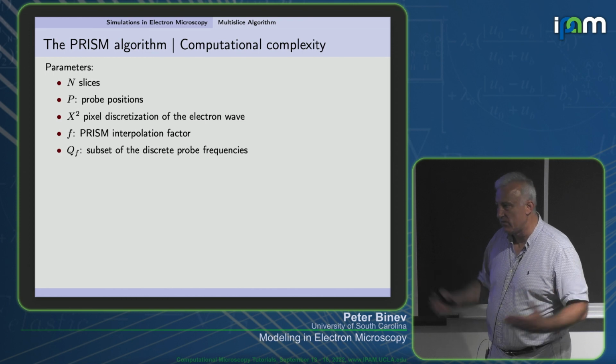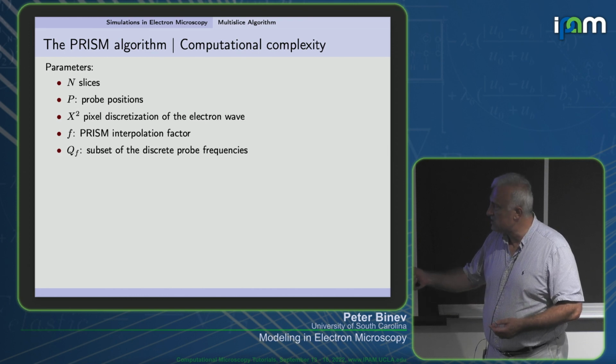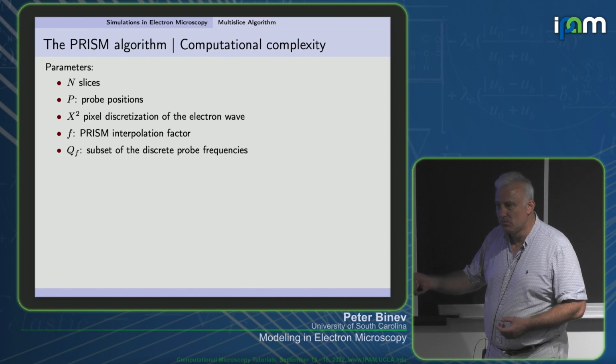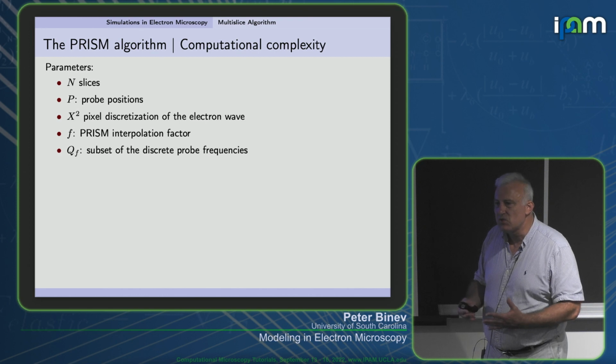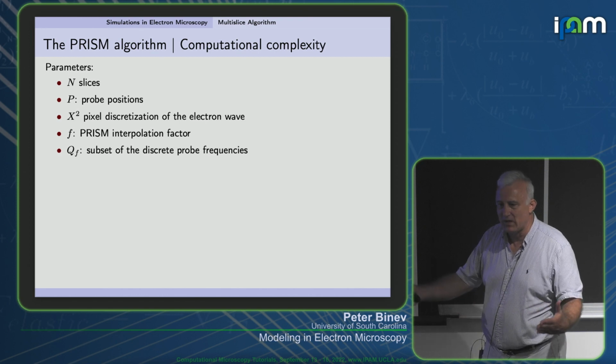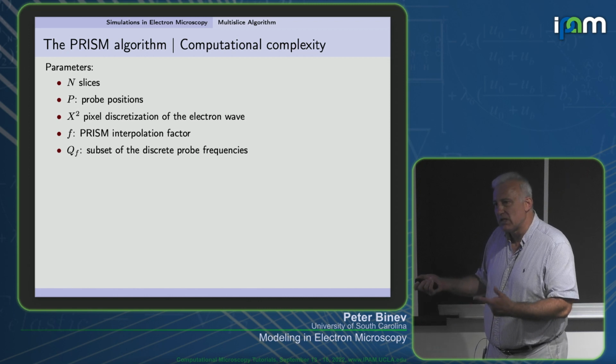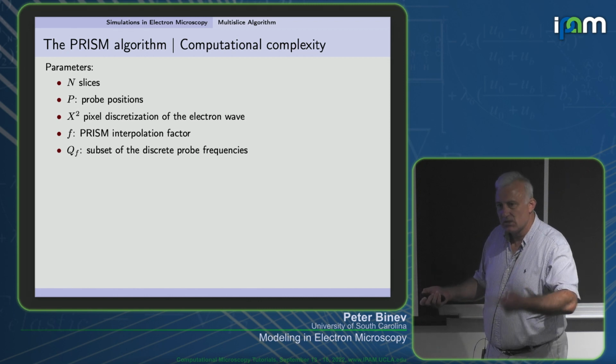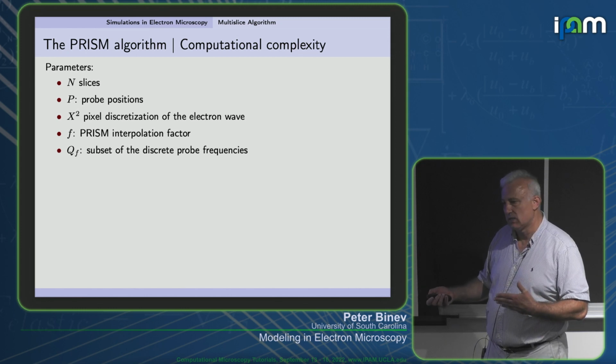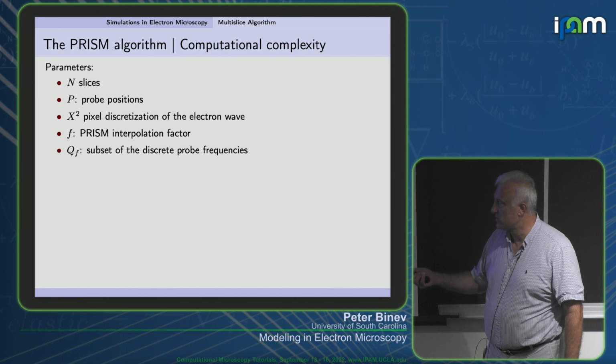We want a finer mesh for the electron wave than the mesh of the probe positions. The probe mesh is the minimal one we could consider, but a finer one gives a better approximation and eventually better results, so we don't want to lose precision there.